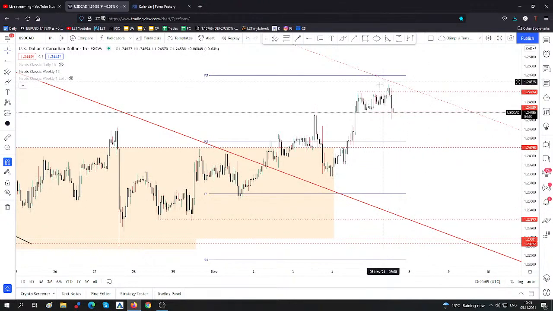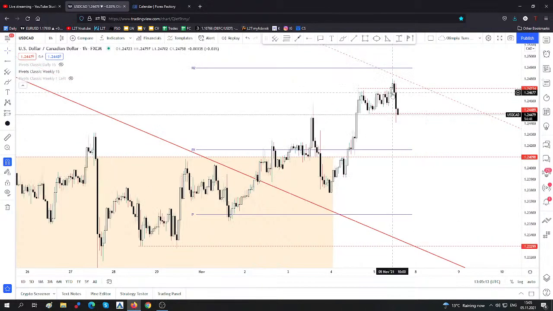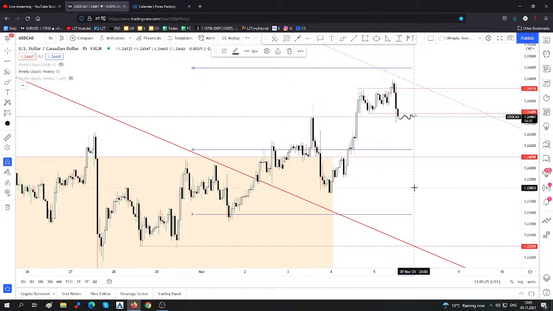You can see that it has registered only a false upside breakout, a bearish engulfing, and after this false upside breakout, maybe closing and stabilizing below 1.2448 could signal a potential deeper drop in the short term.